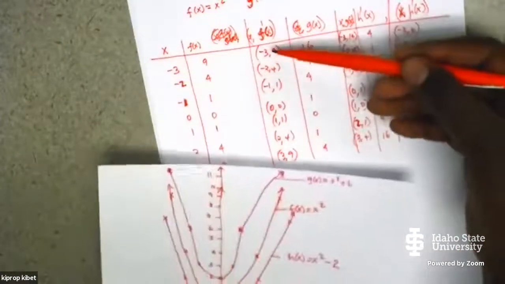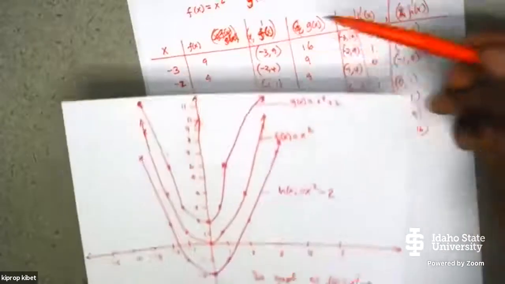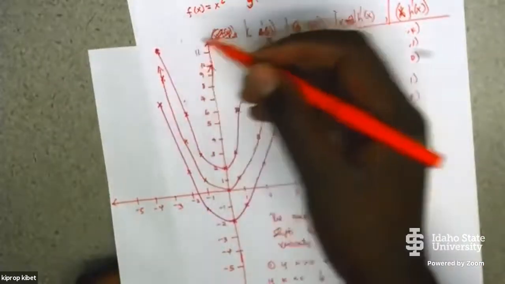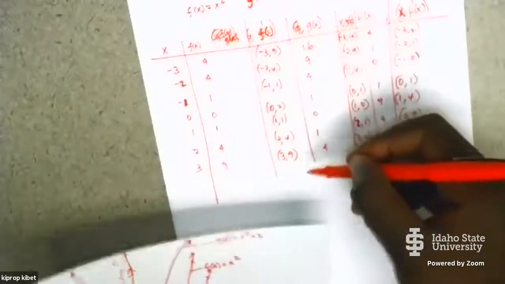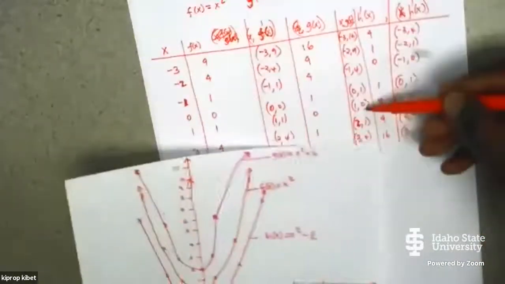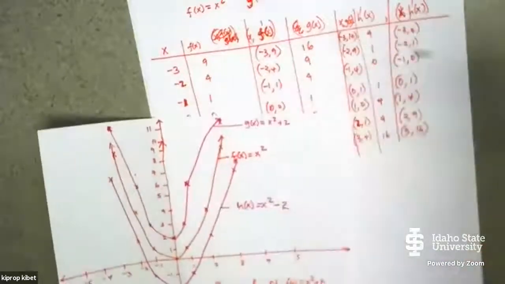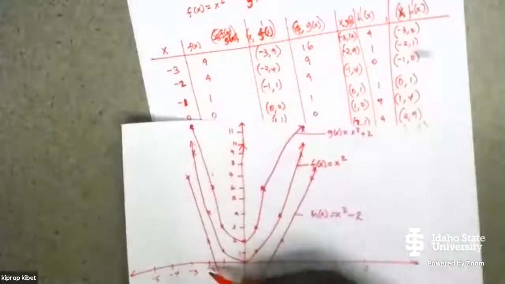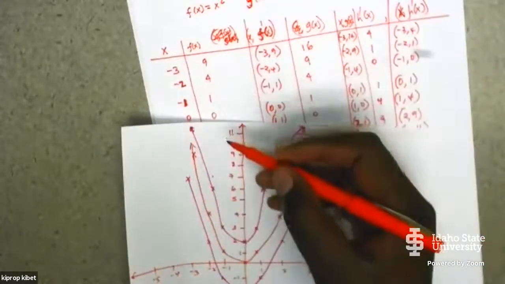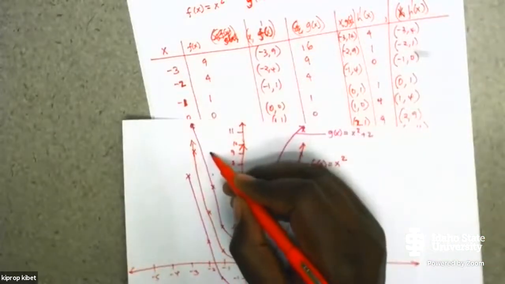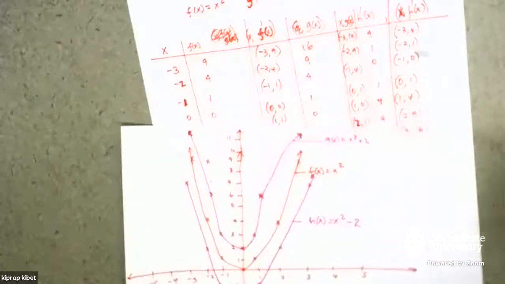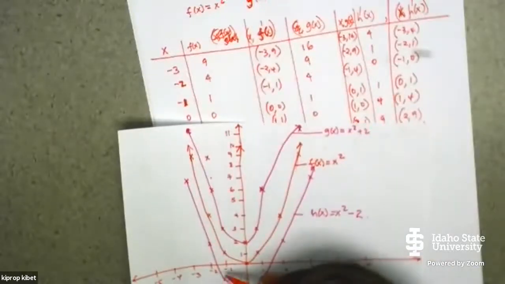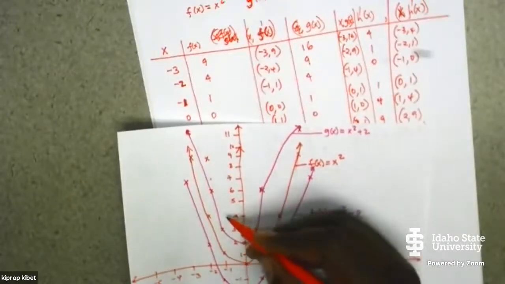So we have -3 and 9. We have already plotted this, right? So let's plot this one. -3 and 16 is very fast. So -2 and 9. -2 and then 9 is there. Okay. -1 and 4 is here.